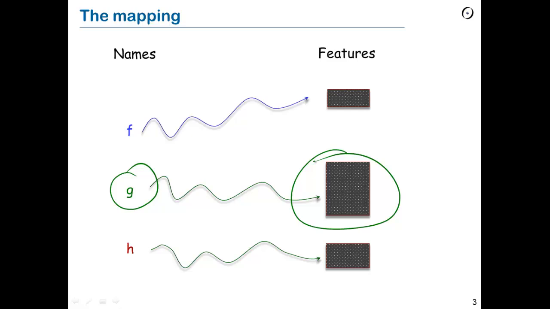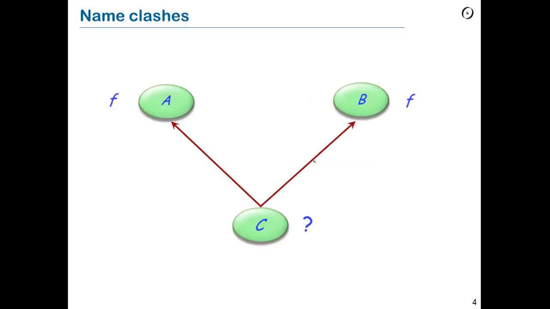So we are going to work in a context without any overloading, meaning that this correspondence between feature names and features is really a mapping. And so if we apply this principle, then the solution is going to be quite simple. Because if we just let C inherit from A and B with, in both cases, a feature called F, we would have two features with that name in C, and that is not permitted because it violates that principle.